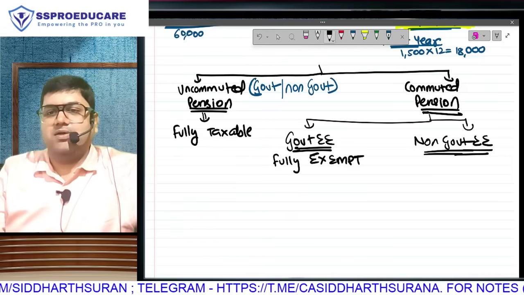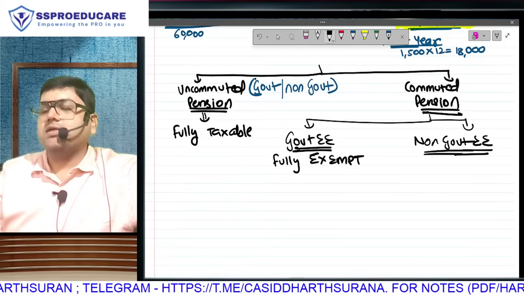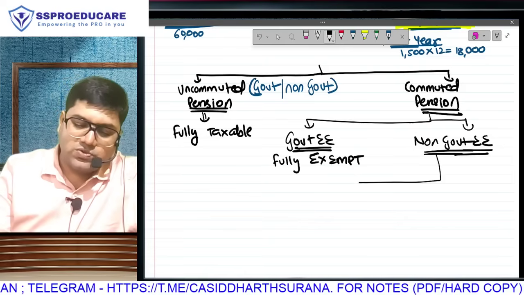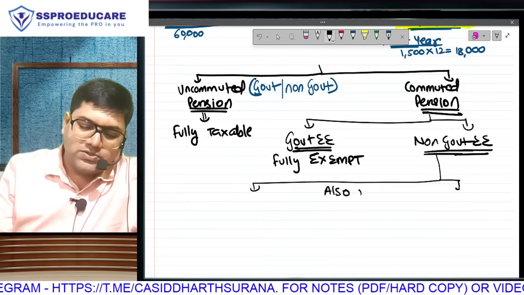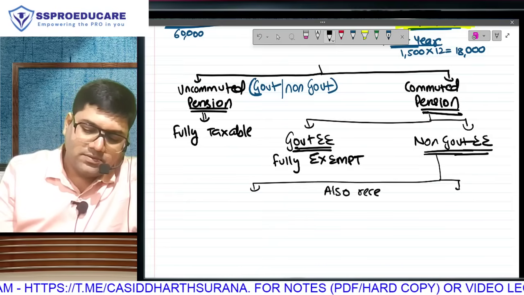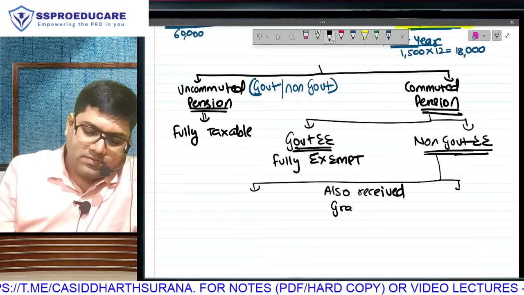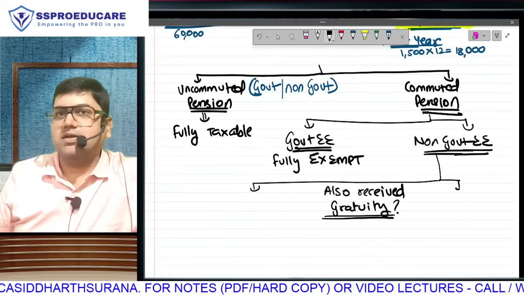In gratuity, there was a big and long calculation that they had given. Come on. Here, it is not a big and long calculation. They have simply asked us to examine: is this employee also receiving gratuity?